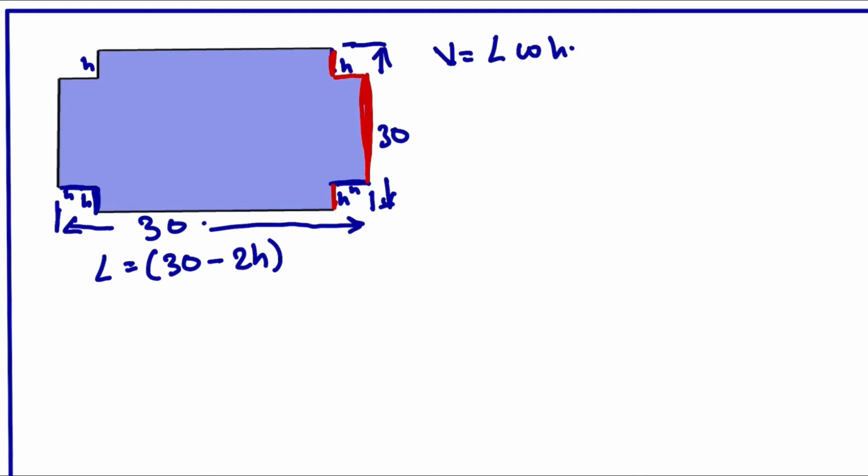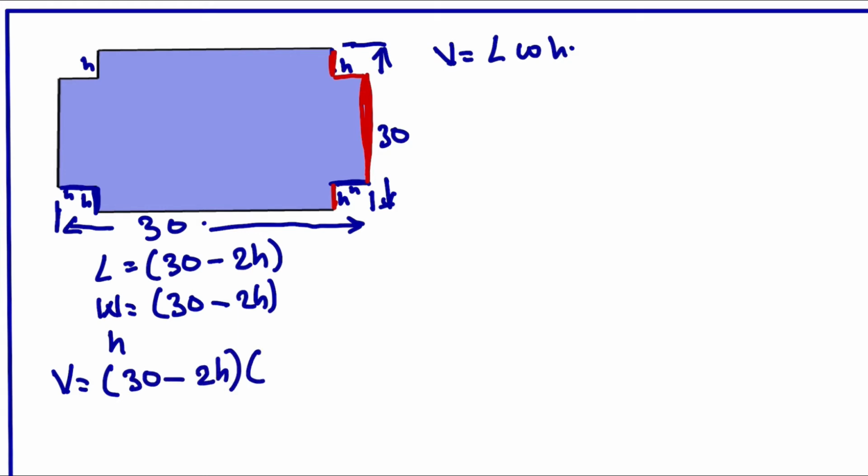So the width is going to be equal to 30 minus 2h as well. Now we have the height. So this implies the volume will be equal to length times width times height. The length is 30 minus 2h, 30 minus 2h, times the height.